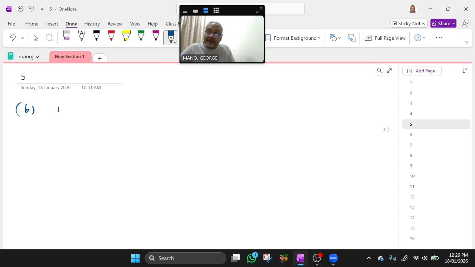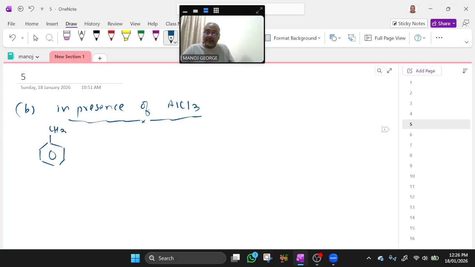This time, if I change the condition, in presence of AlCl3, now the reaction completely changes. So I'm still doing chlorine. I'm reacting with chlorine, but now I'm using AlCl3.